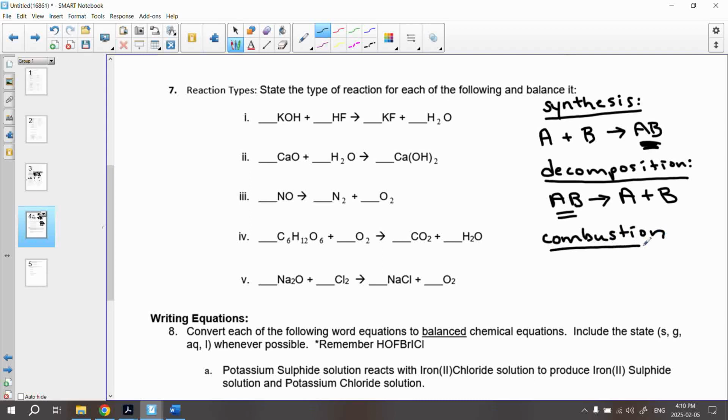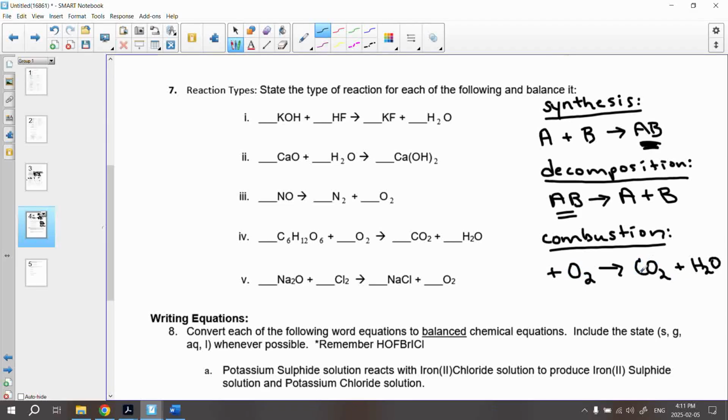So a combustion reaction is a reaction where something is burned, it's combusting. Combustion reactions are easy to recognize because they have the same repeated components. And those components look like this. A combustion reaction always has to have oxygen reacting. Everything that burns requires oxygen.